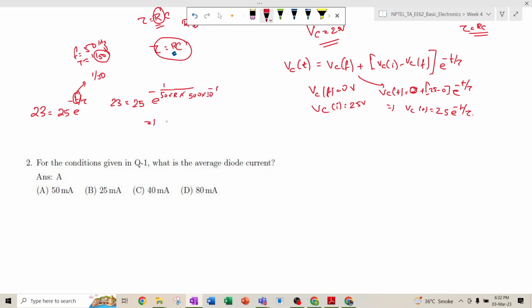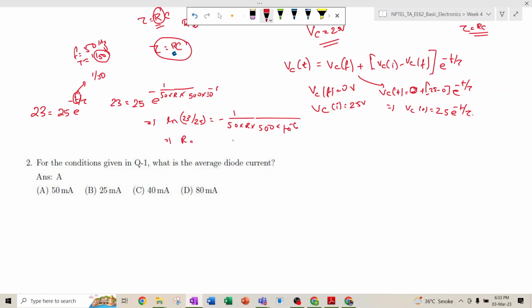So from here, ln 23 by 25 is nothing but minus 1 by 50 into R into 500 into 10 to the power minus 6.